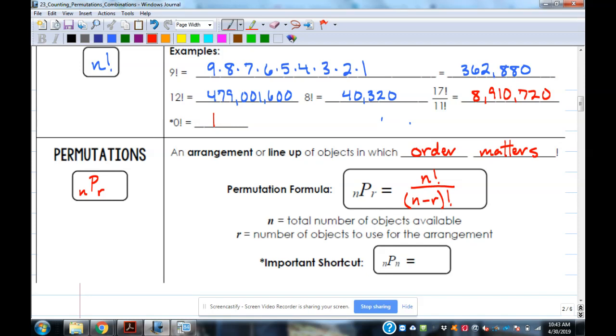So n is how many things you're arranging. r is how many you're picking for a group that you're going to be dealing with. So n is the total number available. r is how many you're putting in that arrangement. Okay. n is how many there are available. r is how many you're putting in your arrangement or group.